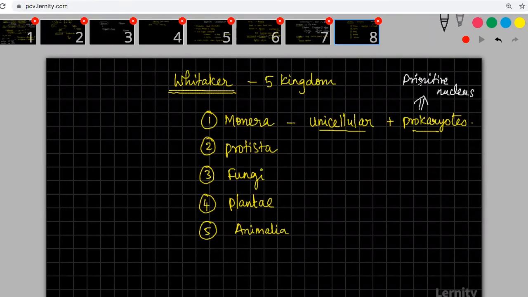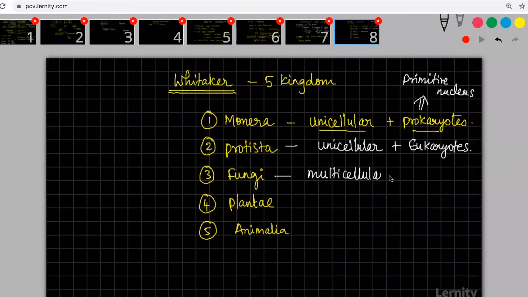And then what they came up with, the second one is unicellular organisms that are eukaryotes. So this will include all the multicellular and which was saprotrophs.